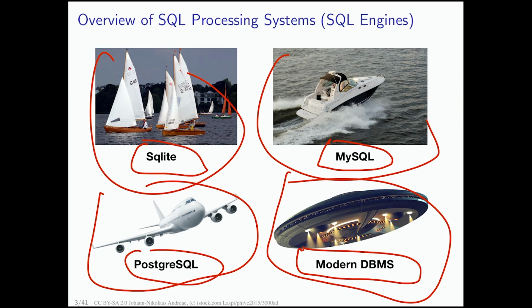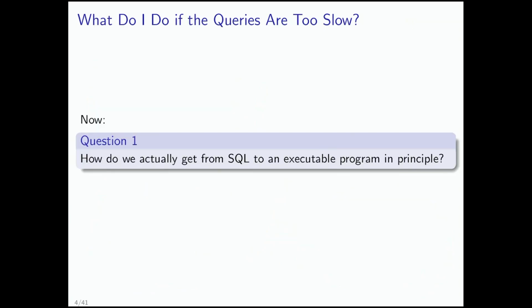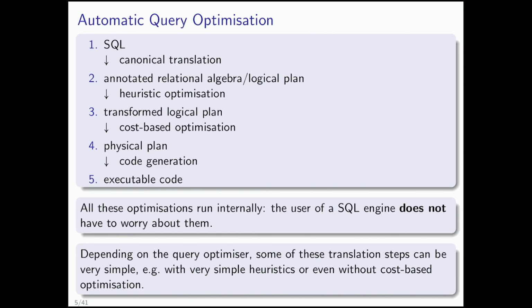Okay, so we look at what we do to get from SQL to an executable program in principle. What are the steps taken there? There are different ways to explain or engineer that. This is one way of doing it. There are others, but I think this is a relatively simple approach that gets you pretty far.